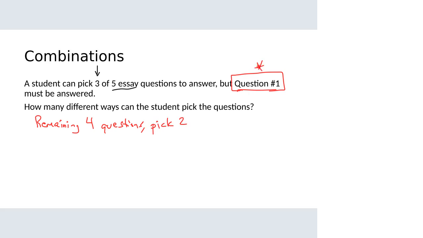The fact that question number 1 must be answered limits this a little bit. It changes the structure. Instead of there are 5 and you get to pick 3 of them, now really there are 4 and you get to pick 2 of them. So in the language of the question, it brings it down to 4 choose 2.